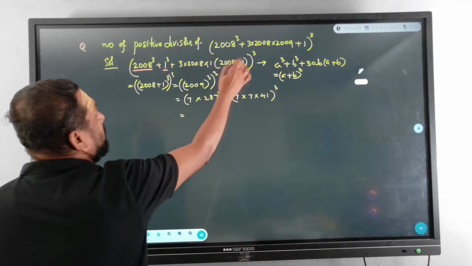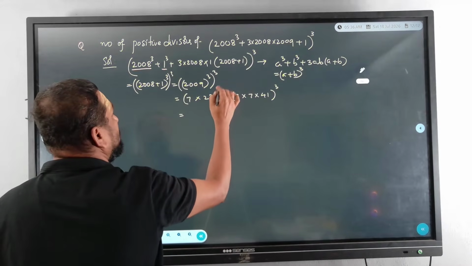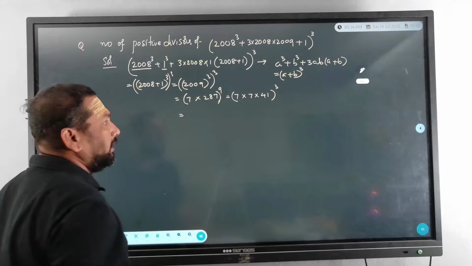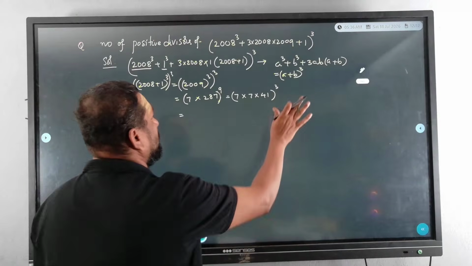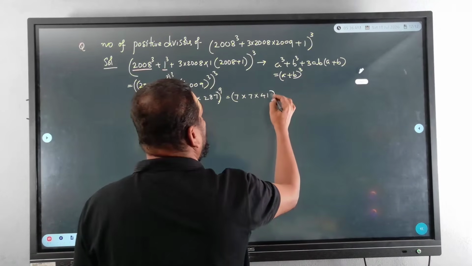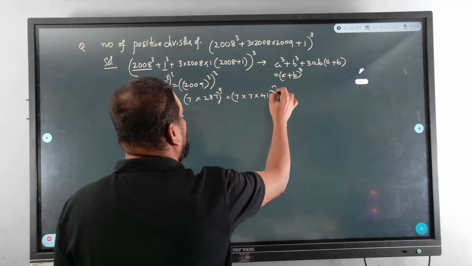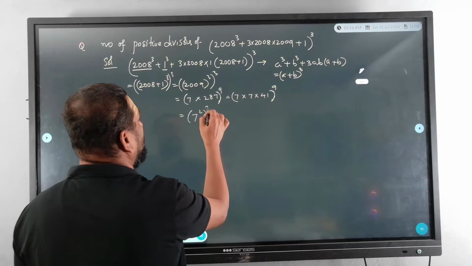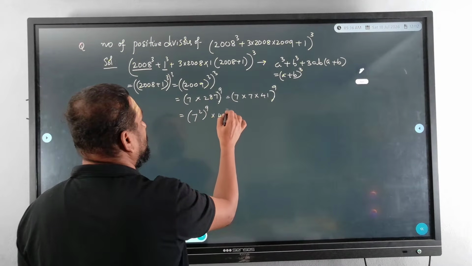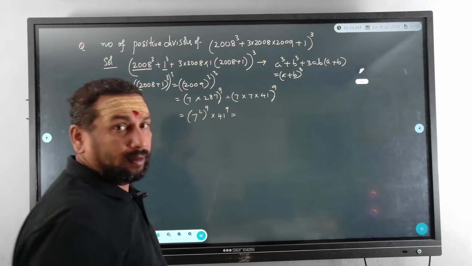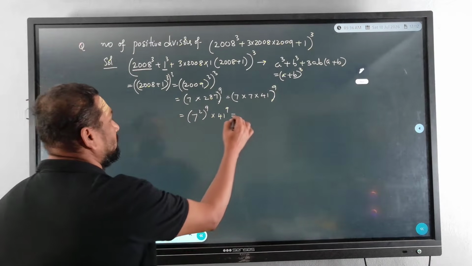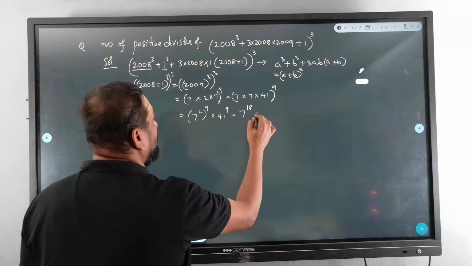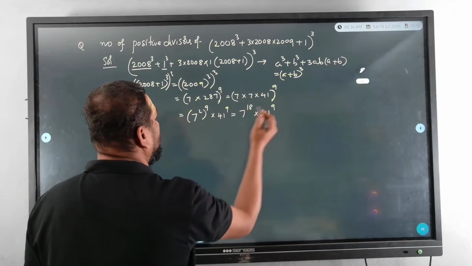Because this is a plus b whole cube, again one more whole cube, that is whole power of 9. So now it is 7 square whole power 9 into 41 whole power 9, so this is 7 power 18 into 41 power 9.